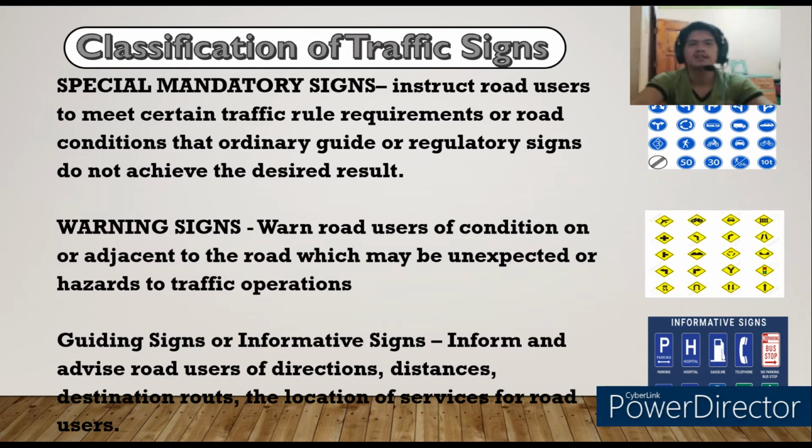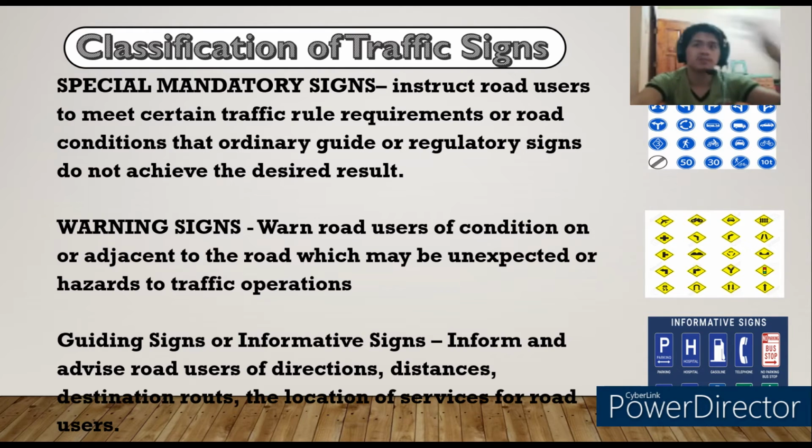Next is the guiding signs or informative signs. They are used to inform and advise road users of directions, distances, destination routes, and the location of services. As you can see in the picture, examples of these are gas station, airport, and hospital signs that provide information.